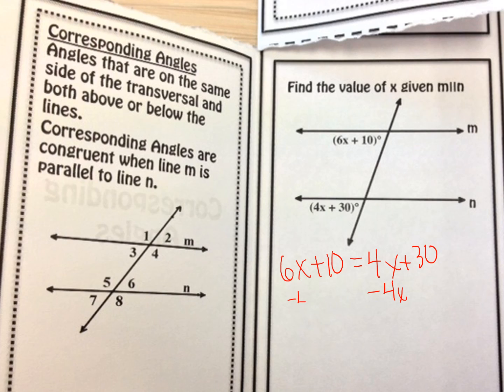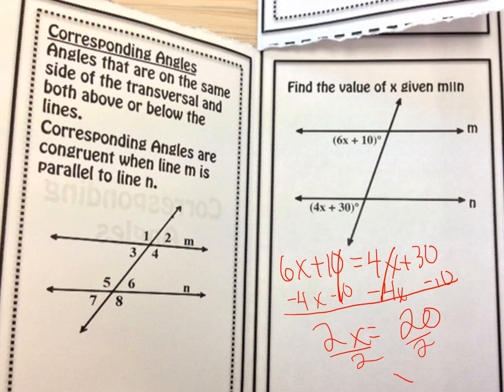So again, I'm going to subtract 4x from both sides, subtract 10 from both sides, all at the same time. 10 is going to go away, 4x is going to go away. 6x minus 4x is 2x, equal to 30 minus 10, which is 20. Divide by 2, x is 10.